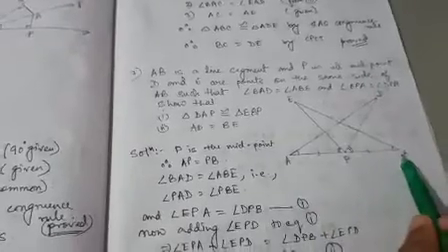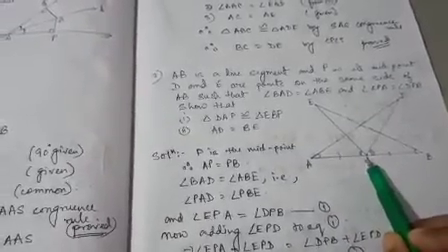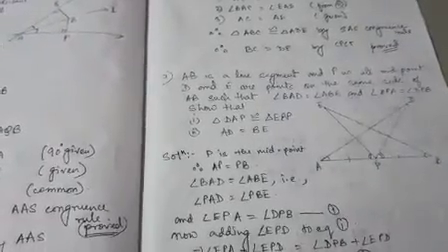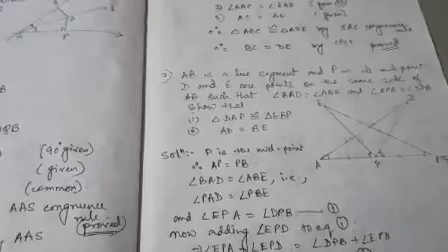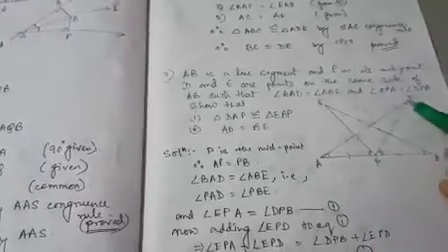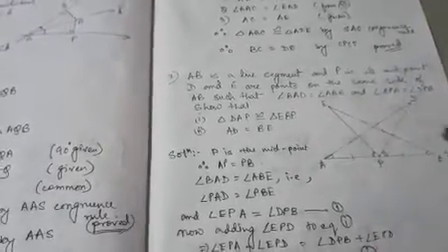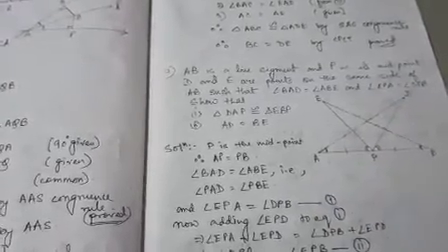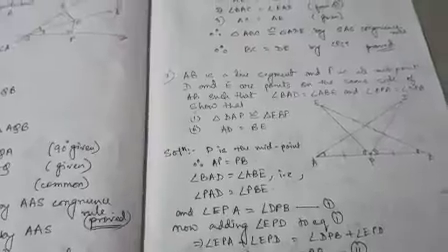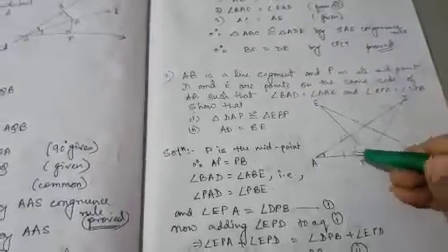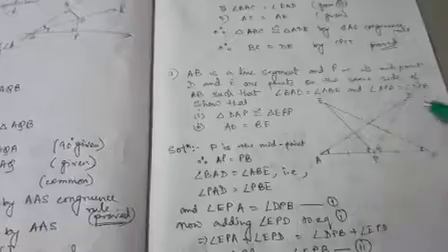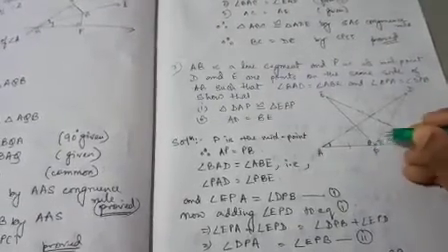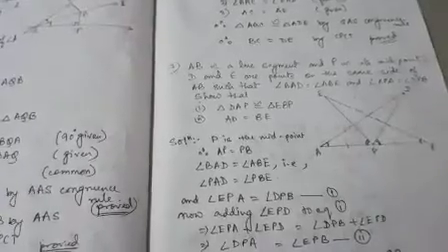D and E are points on the same side of AB such that angle BAD and angle ABE, these two angles, are equal, as given in the question. And EPA and DPB, these two angles, the double marked angles, are also equal.